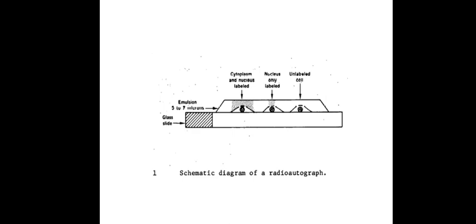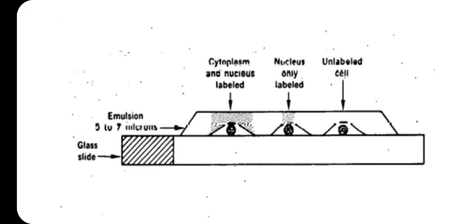So this is the schematic diagram of the radioautograph. So here is the slide, okay, and there is a cell of your interest. What you have done is that you have treated your cell with the radio labeled molecule. You have added a radio labeled molecule to the cell of your interest.